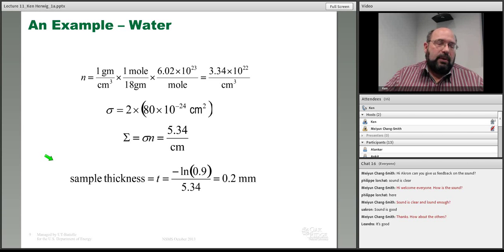So we would tend to make annular cells that consist of 2 concentric cylinders of, say, aluminum or maybe quartz, with a very, very thin annulus volume in between them, so that our total sample thickness is on the order of about 0.2 millimeters. So, as I said, that can be a challenge, but can also be an advantage if you want to look at hydrogen in the middle of something else like a solvent.